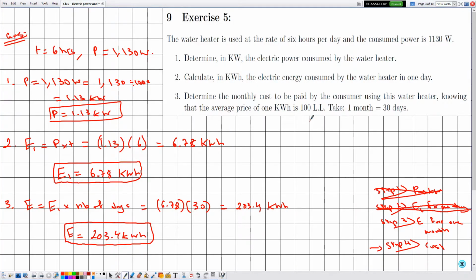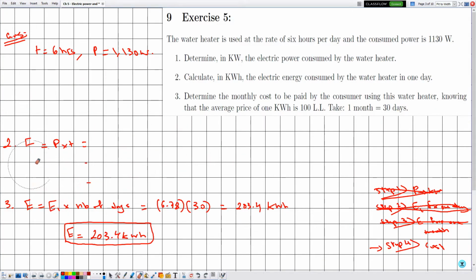So now after we have determined the electric energy consumed per 1 month, we are done with step number 3, and we are ready to determine the cost. So I'm still in part 3.